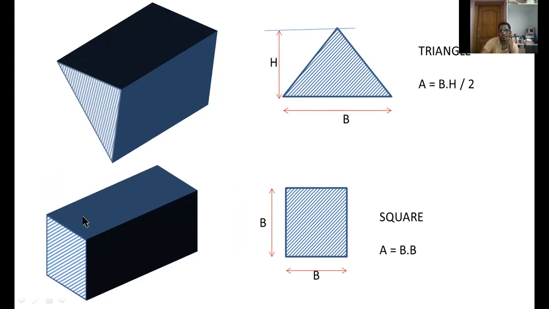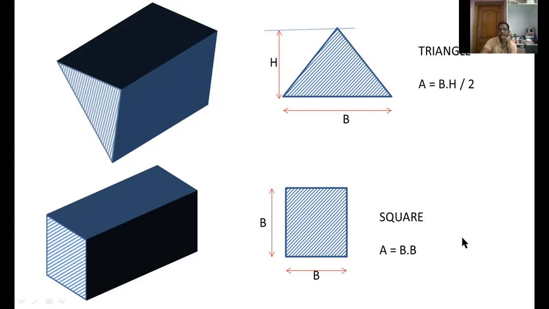As well as this is a square cross-sectional bar, having dimensions capital B and B. B is the base, height also B. For a square section having four equal sides, base equals height, that is B equals B. So the area of a square, capital A, equals B into B, that is B square.